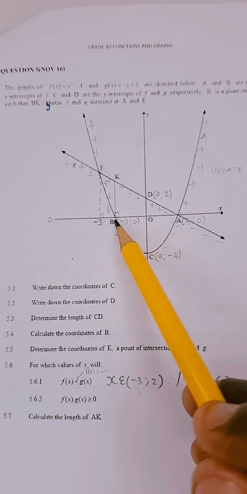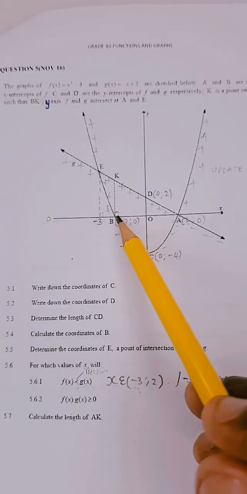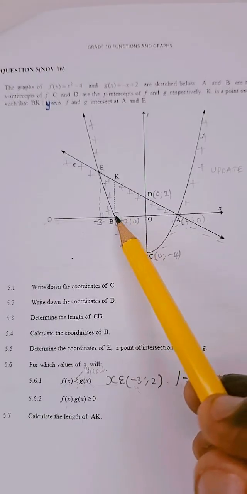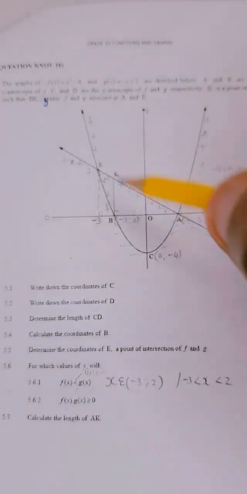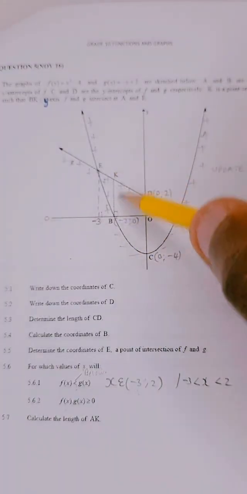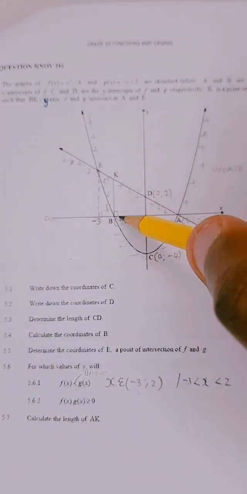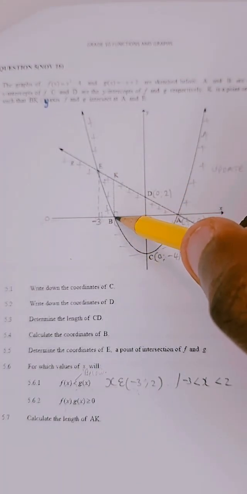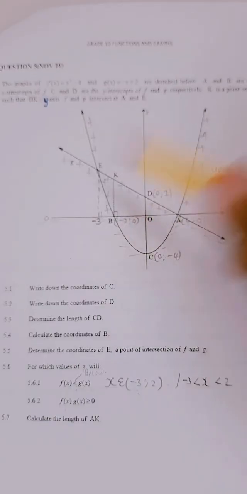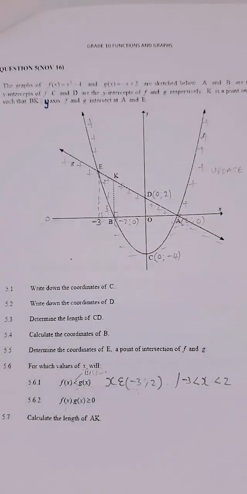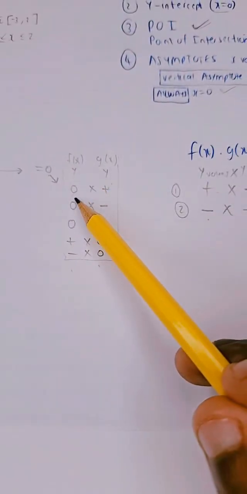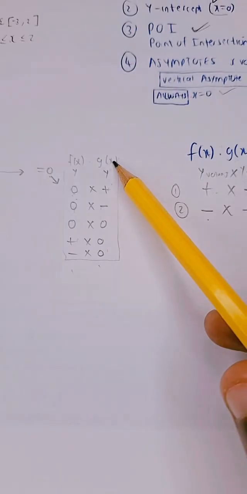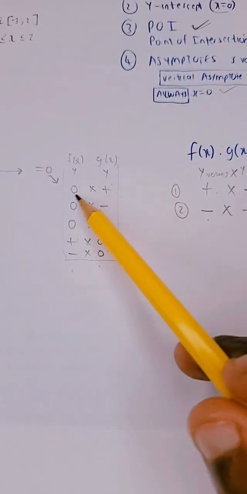But guys, at negative 2 exactly, f is 0, whilst g is positive. So that is that combination that we are talking about of 0 and a positive. Remember guys, this is f being 0. Look at this, where f is 0 and the y of g of x is positive.